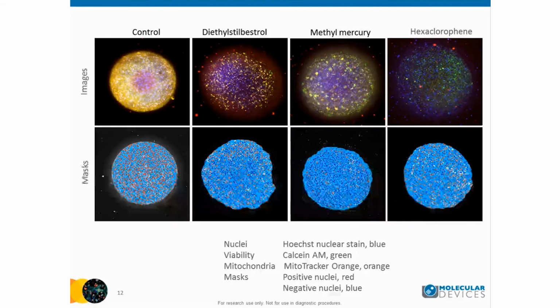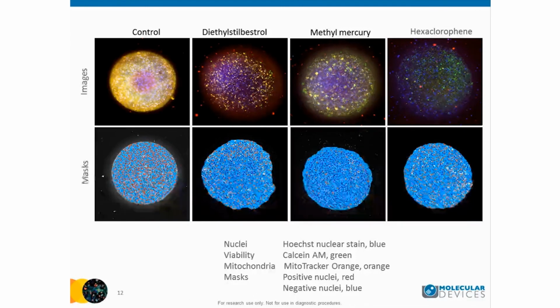The analysis first finds spheroids as an object, then defines the number of live cells, which are identified by the presence of calcein AM signal, and third identifies the number of cells with intact mitochondria stained by MitoTracker Orange. Dead cells could be identified by absence or decrease of calcein AM signal.